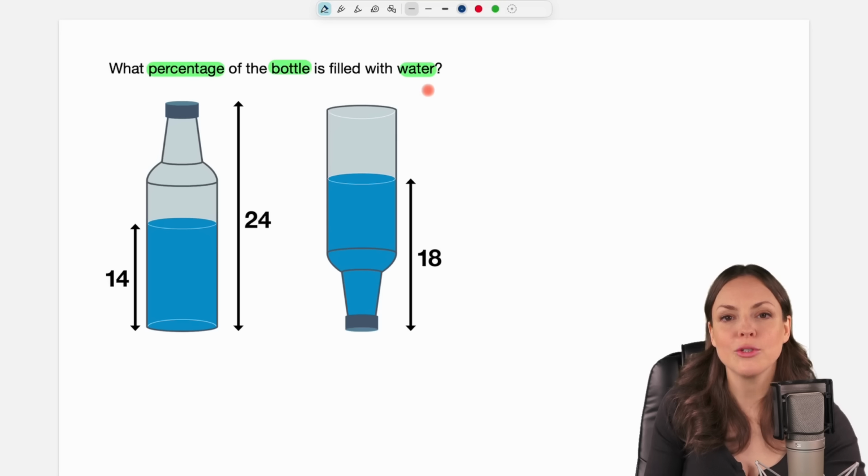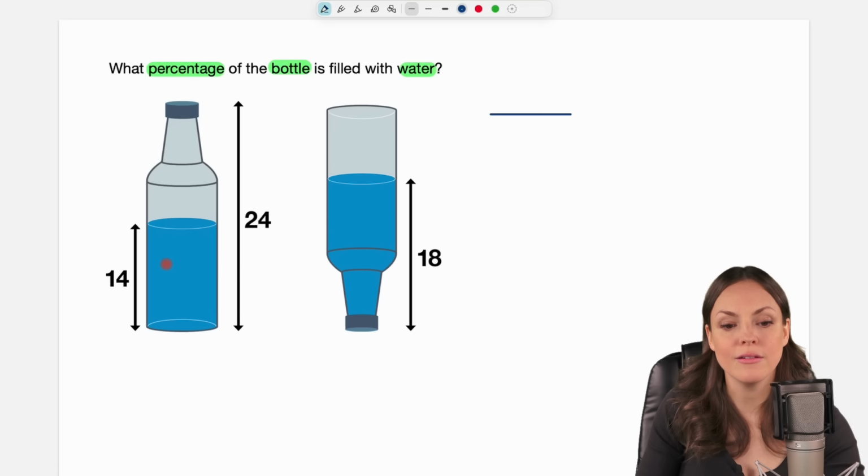So we have to find the ratio of how much water is in my bottle to how much water the entire bottle can hold.